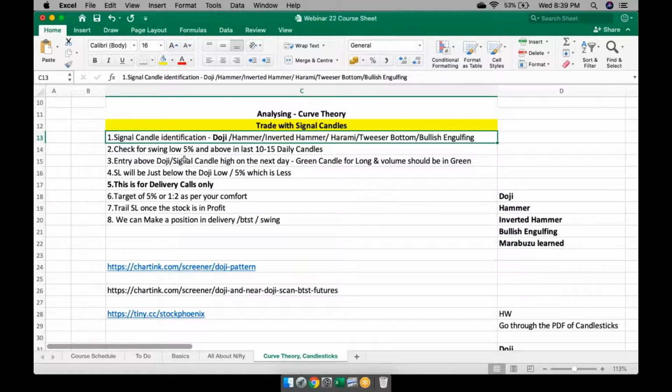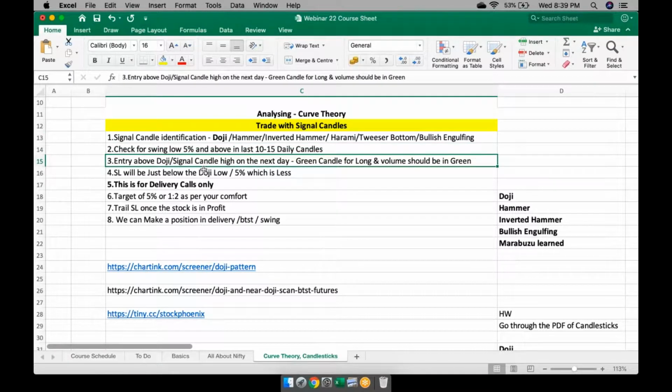Next, check for a swing low of 5% and above in the last 10 to 15 daily candles. Next, enter only above the doji, that is, above the signal candle high on the next day.